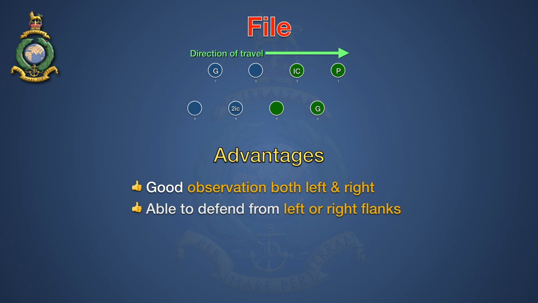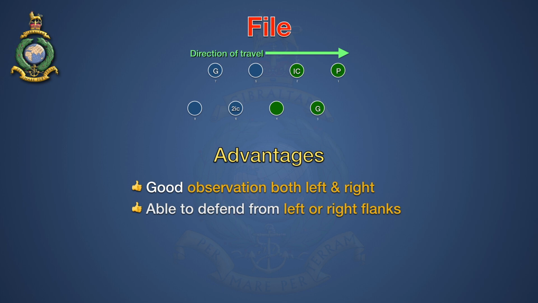Able to defend from the left and right flanks. As I said before, with the staggered gap between each side, not only can you turn to your own side, so looking at this diagram, the point man can fire to the front, he can fire to his left, but he can turn to his right, and because that gunner is staggered back slightly, the point man could also fire to his right.